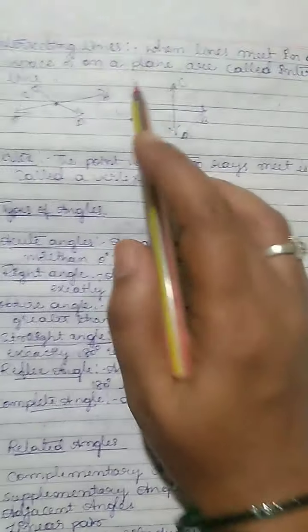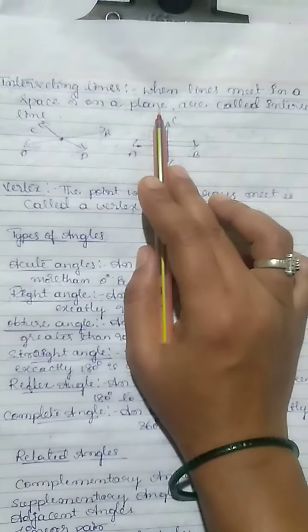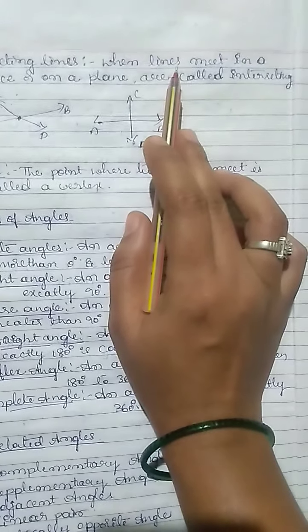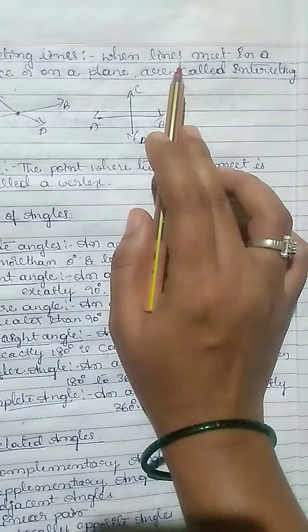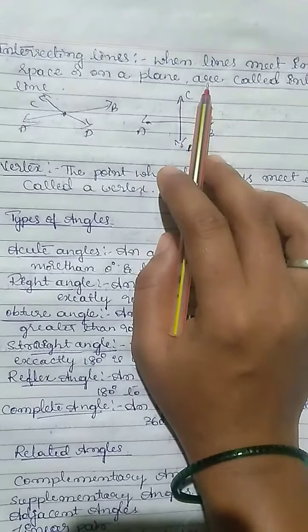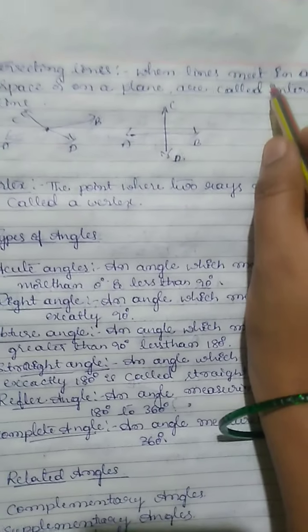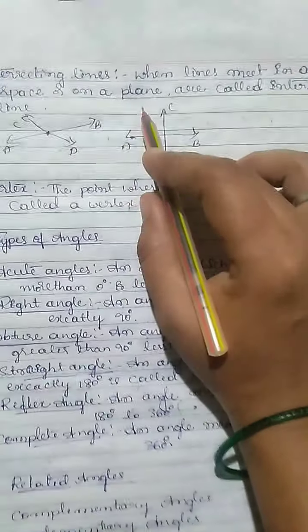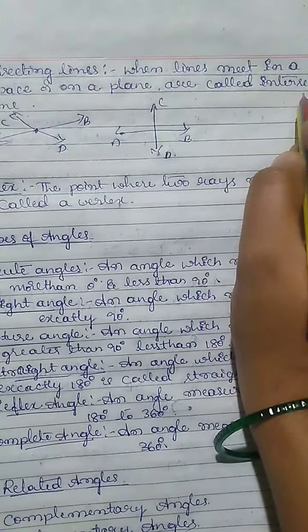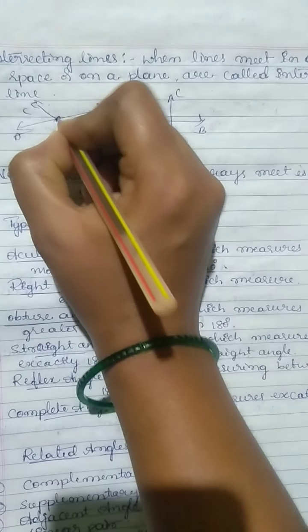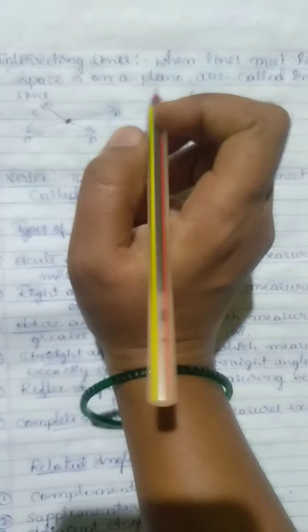Next, intersecting lines. Two lines that meet at a point. When lines meet in space or on a plane, they are called intersecting lines. See here, this is the point of intersection of these two lines.